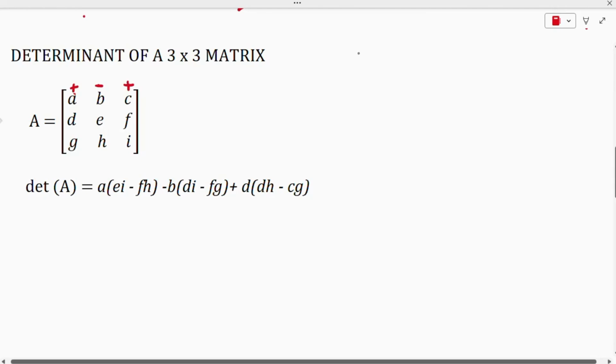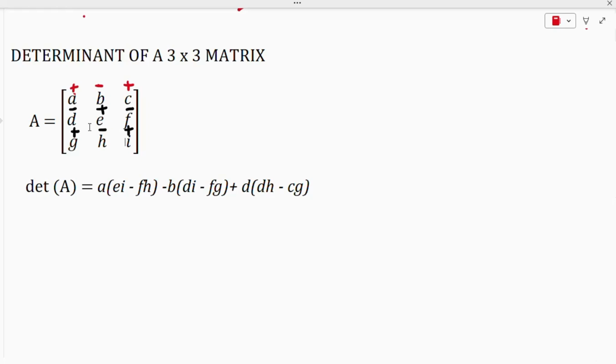Also, this element carries a negative sign, this element carries a positive sign, and this carries a negative sign. This carries a positive sign, a negative sign, and a positive sign. Each of these elements and the signs they carry is very important, especially when finding the cofactor of a matrix. We are going to talk about that as time goes on.